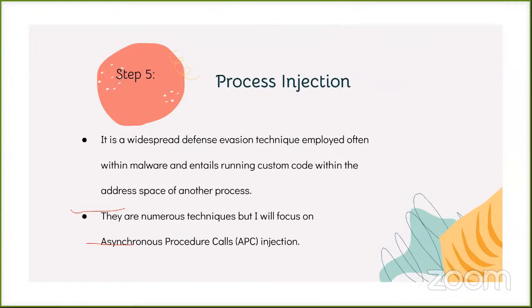And there are numerous techniques for process injection. So there is DLL injection, process hollowing, APC injection that we're going to discuss and focus on today. And there's also vanilla process injection.